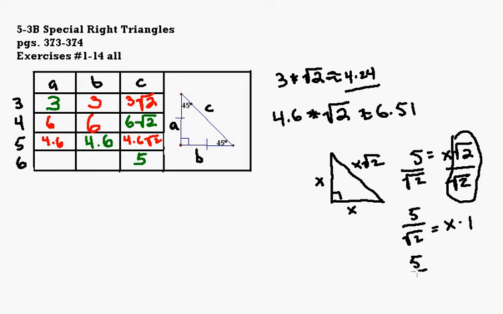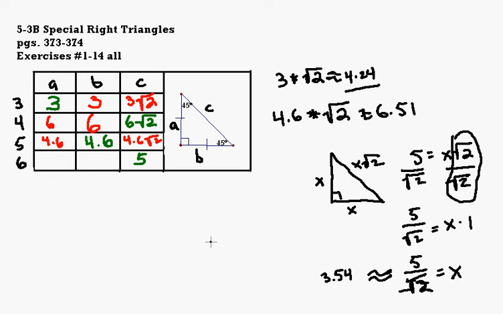So we wind up with 5 divided by the square root of 2 equal to just X. Well, to get the decimal approximation, I simply go 5 divided by the square root of 2, and I get approximately 3.54.